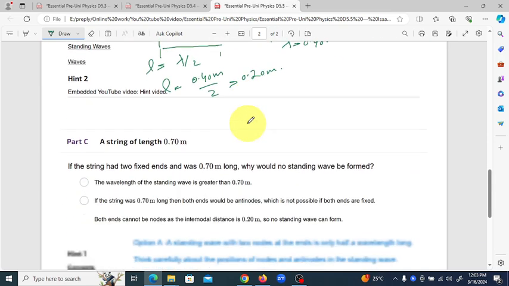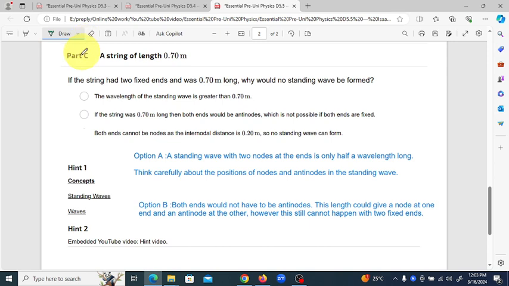For part C, if the string had two fixed ends and was 0.70 meter long, why would no stationary wave be formed? The first option says the wavelength of the string may be greater than 0.70.